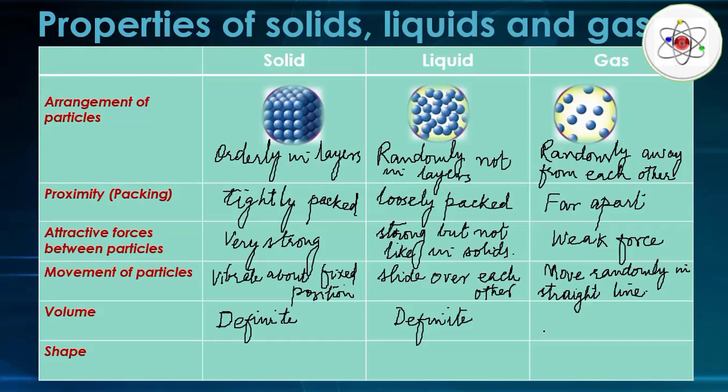But gases have indefinite volume, they take up the volume of the container, right? Shape is also definite in solids. Solids have definite shapes, but liquids change their shape if they are transferred to another container.